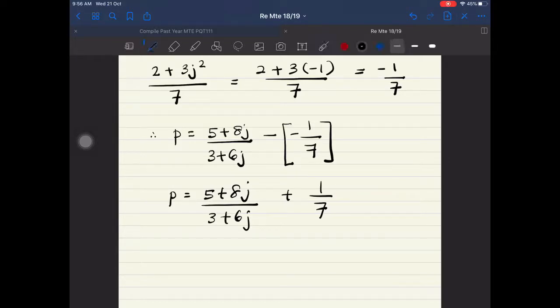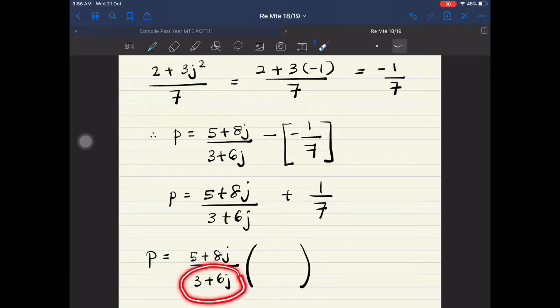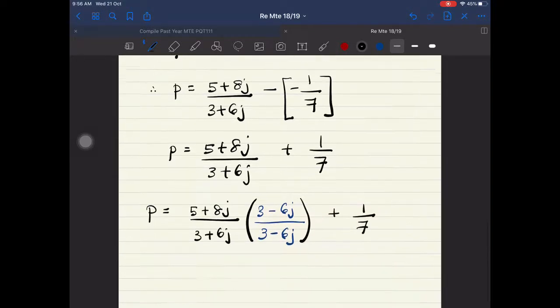Okay, so now you will have your p is equals to 5 plus 8j over 3 plus 6j. So will be multiplied by the conjugate of this one. So we will have 3 minus 6j over 3 minus 6j plus 1 over 7.